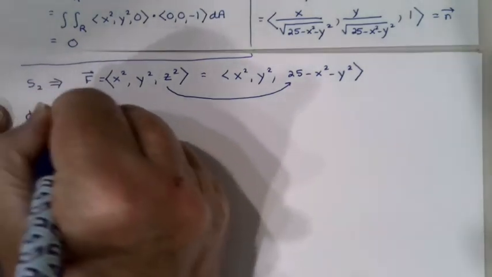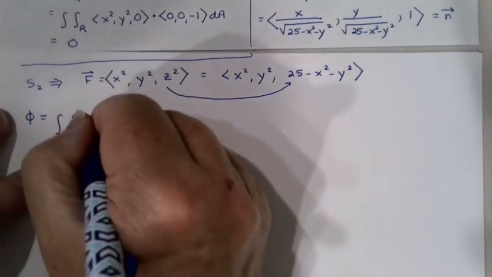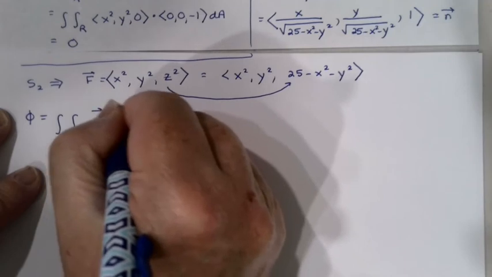So our flux integral is the double integral over R of F dot n dA.